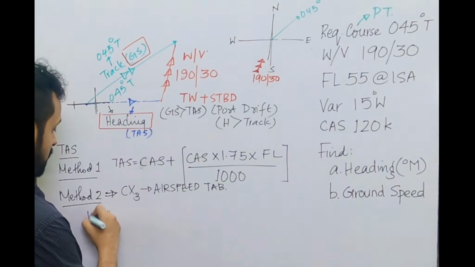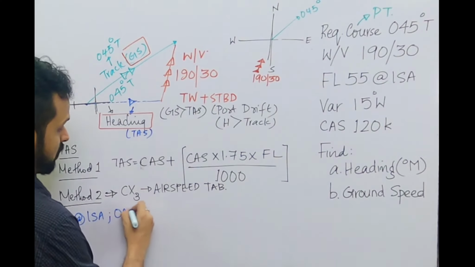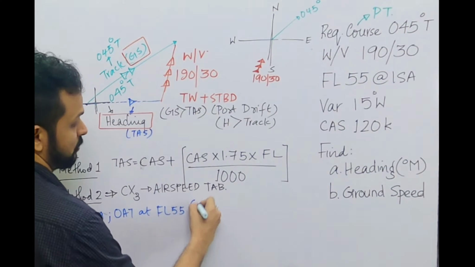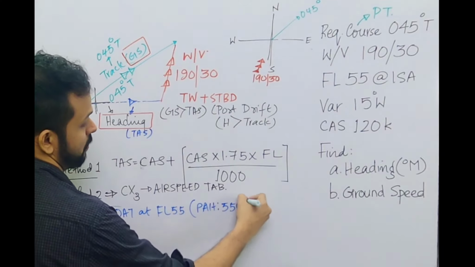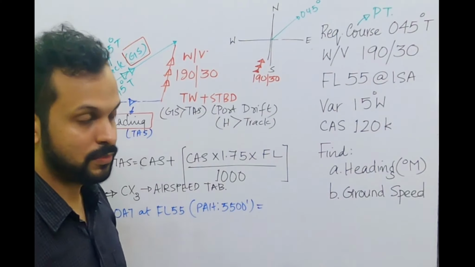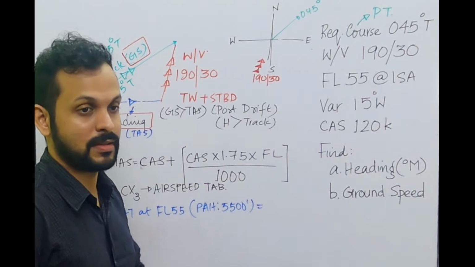So under ISA conditions, the outside air temperature at flight level 55, which is a pressure altitude of 5,500 feet, is, let's use your met knowledge here, as we go up, there's a lapse rate of 1.908 degrees Celsius per 1,000 feet.